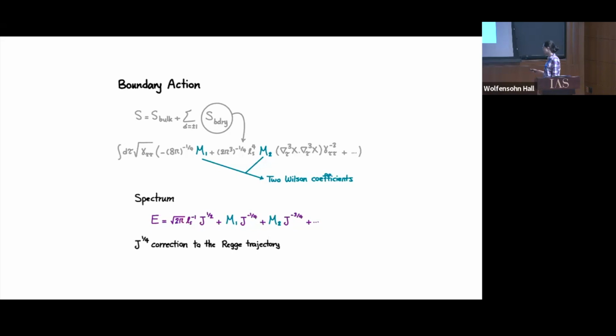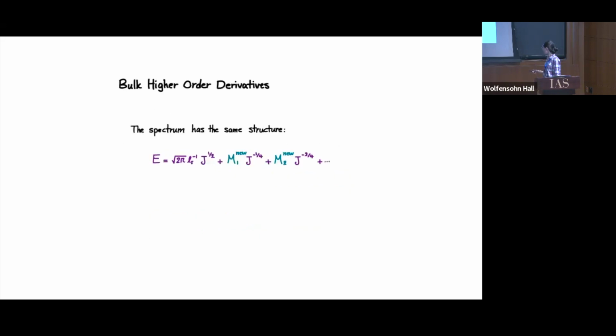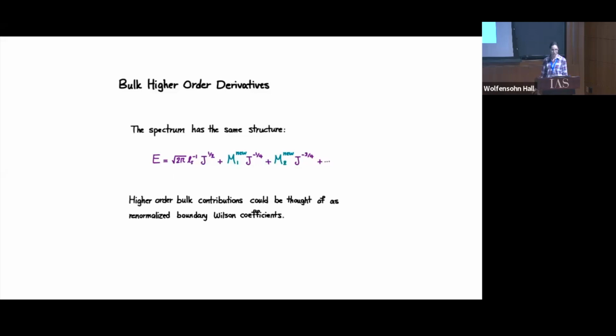So these are the corrections to the spectrum up to subleading order. And the first terms are just the j to the power of 1/4 correction to the Regge trajectory. On the other hand, we also calculated the corrections to the spectrum due to higher order bulk terms. And we got the same structure, except for a shift in the coefficients, which suggests that these higher order bulk contributions could be thought of as renormalized boundary Wilson coefficients.